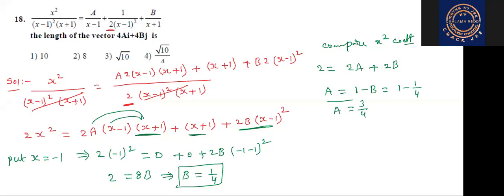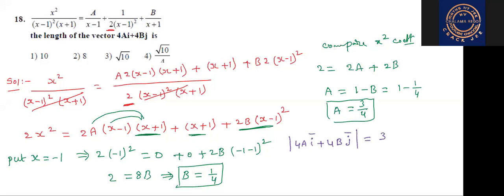But see the question. We need to find length of the vector. Length means modulus of (a i bar plus 4b j bar). Students, here observe that b is equal to 1 by 4. 4b is 1. 4a is 3.